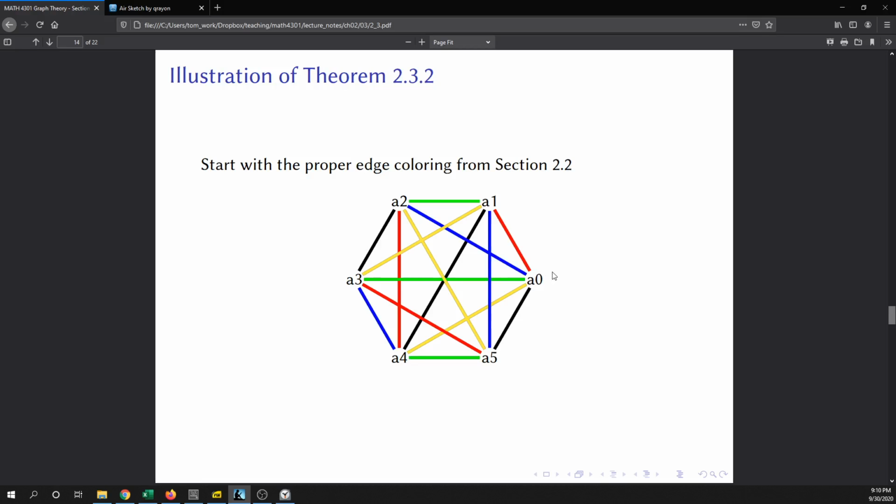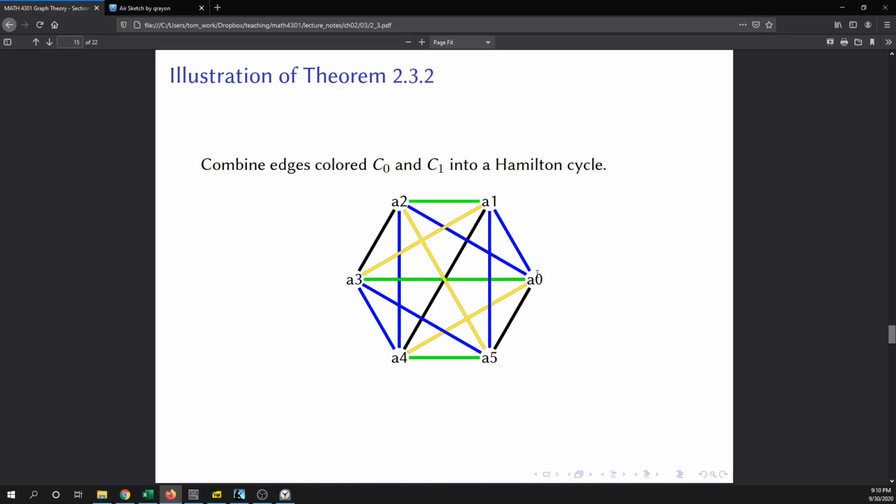Then all we do is take the edges that are colored one color together with all of the edges of another color and put them together. In this slide, I'm going to take the red ones and switch them over to blue. So this is no longer a proper edge coloring, but that doesn't really matter.